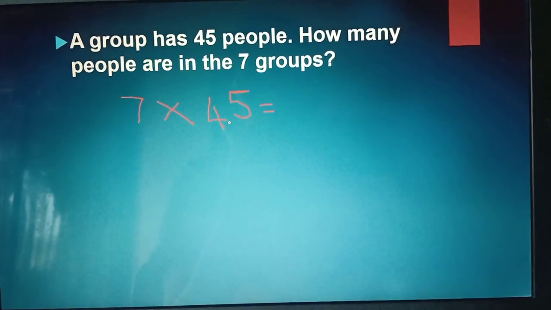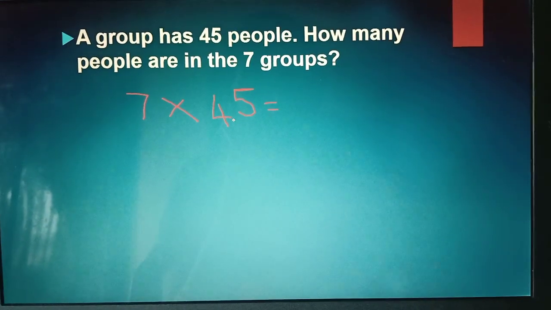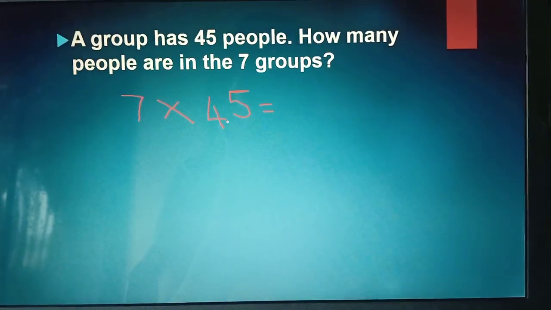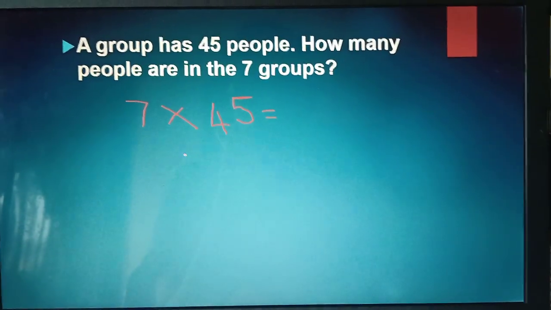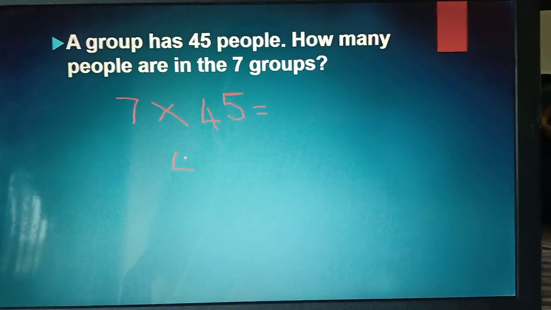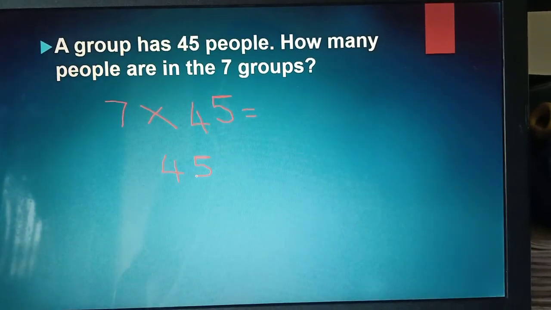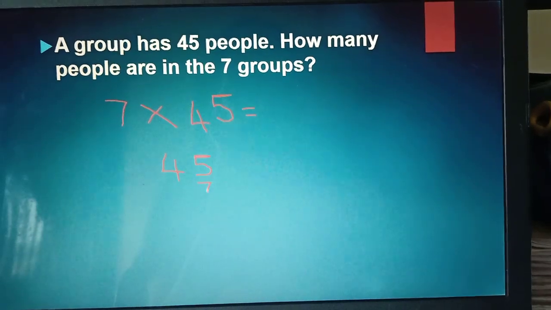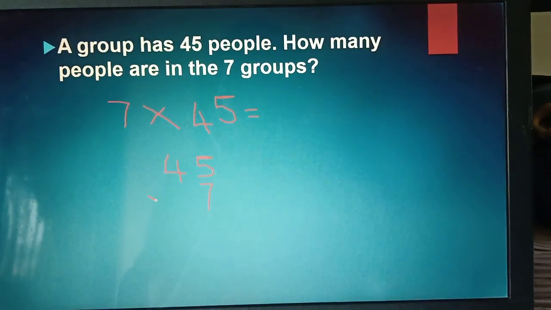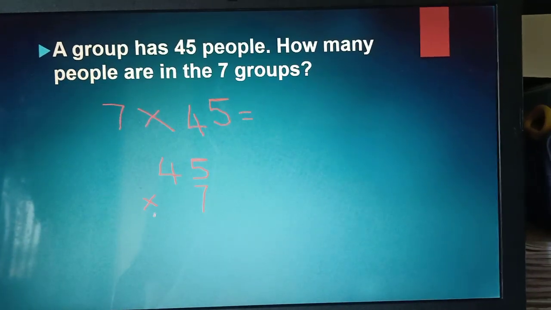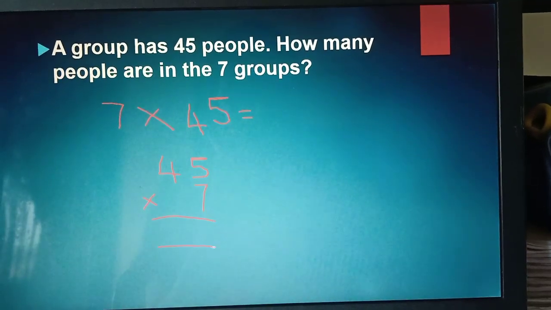Here we must write the number of objects in a group. Here our object is people, so teacher writes it here. But when you do standard form, you can write the bigger number up and the smaller one down. It will make the calculation easy.